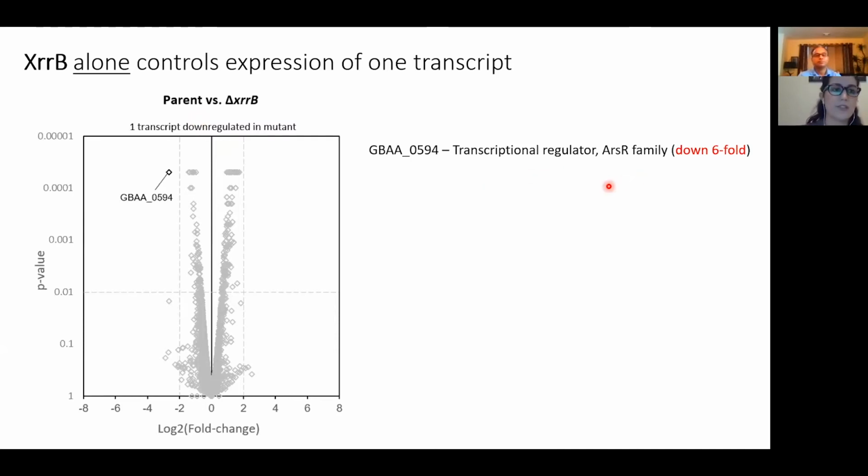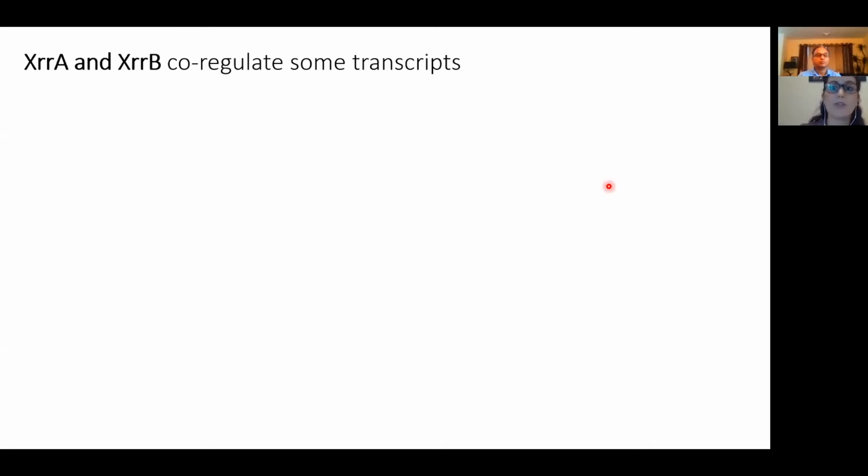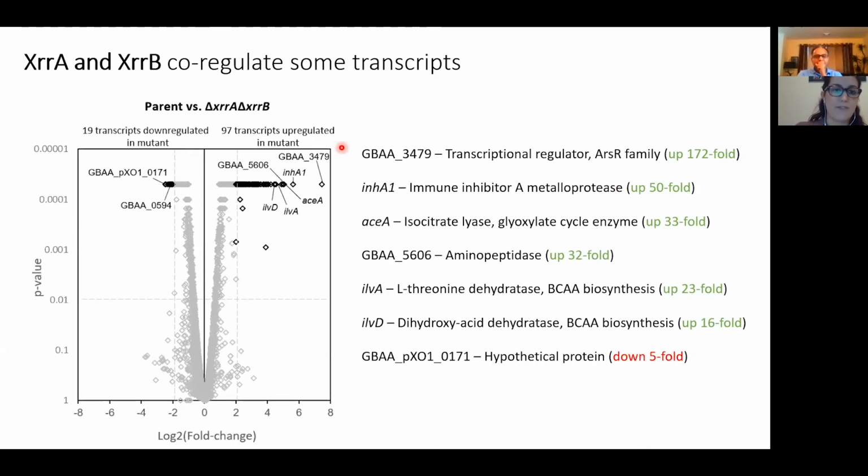However, SIR-A and SIR-B together appear to co-regulate at least some transcripts, primarily given by the fact that deletion of both sRNAs resulted in even more transcripts being differentially regulated. In this strain, we had 19 transcripts that were downregulated in the mutant and 97 transcripts that were upregulated, again suggesting that the sRNAs primarily function to repress gene expression.